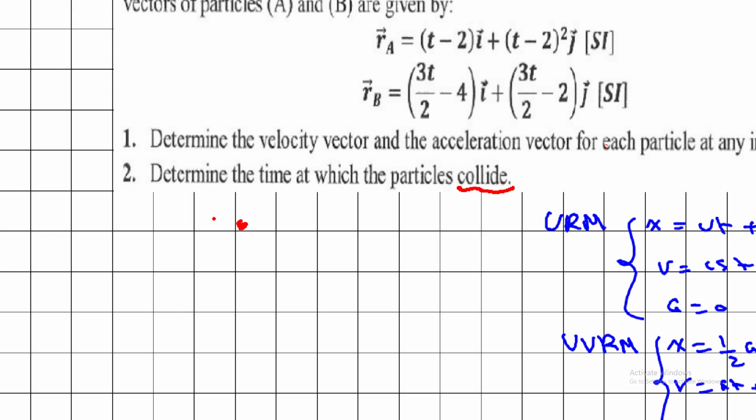So suppose this is the particle A and this is the particle B. By collide it means that they hit each other, so they are found at the same position.